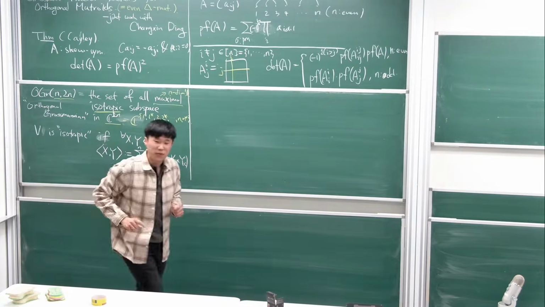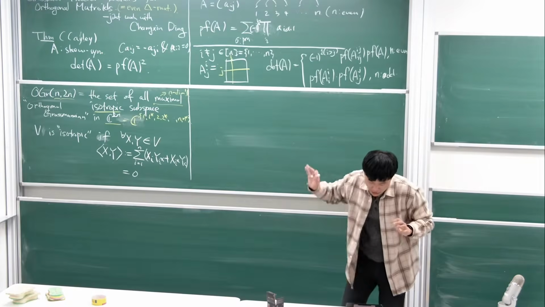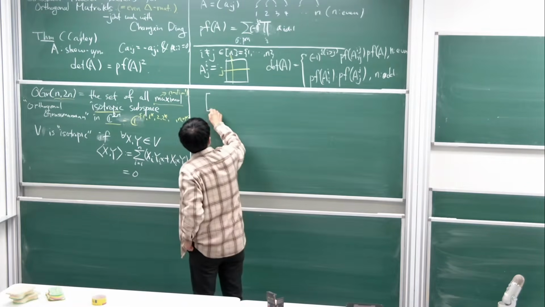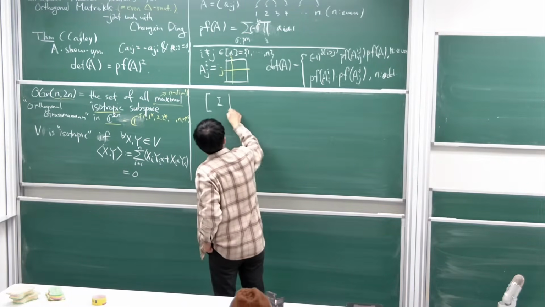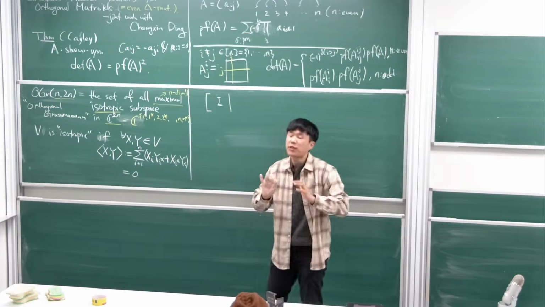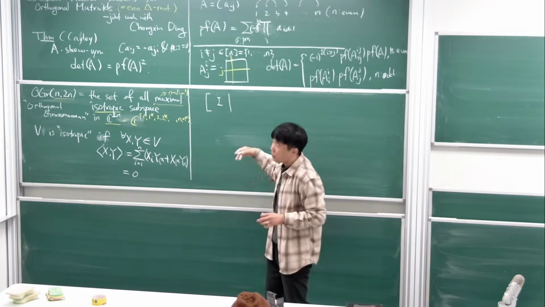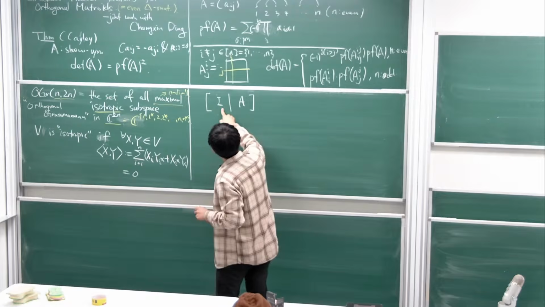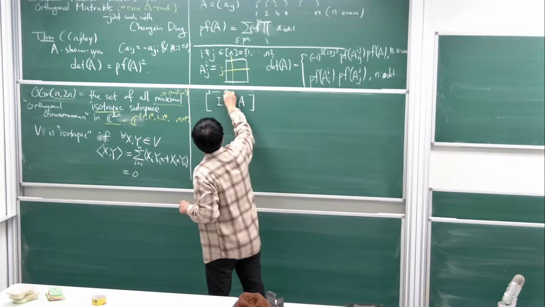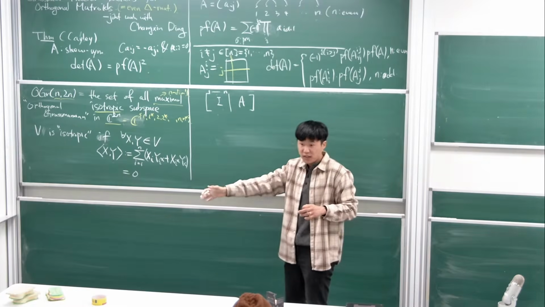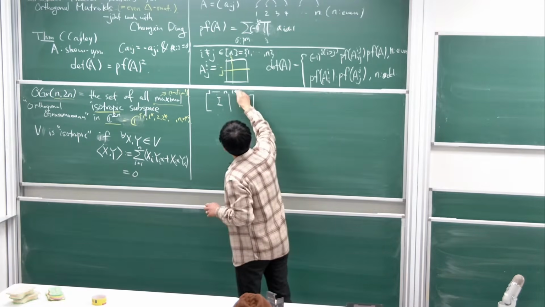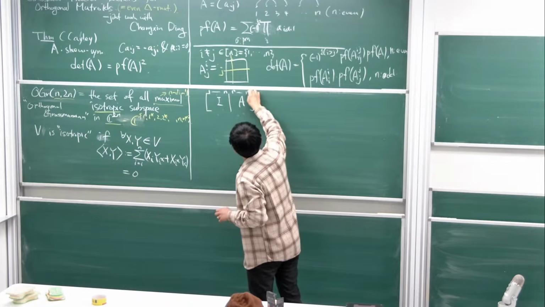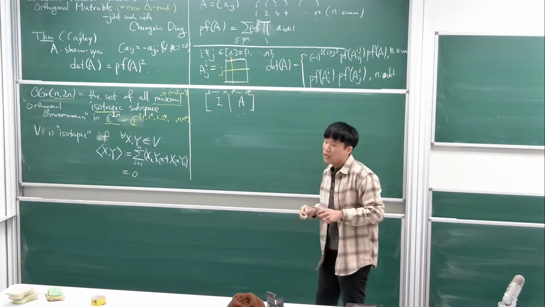Okay, let me give you one example. Let's consider a 2n-dimensional vector space, and I will consider our vector space in terms of a matrix. Taking the row space, we may consider B, where this part is the identity matrix, with columns labeled 1 through n, and this part is some n by n matrix A, whose columns are indexed by 1* to n*.